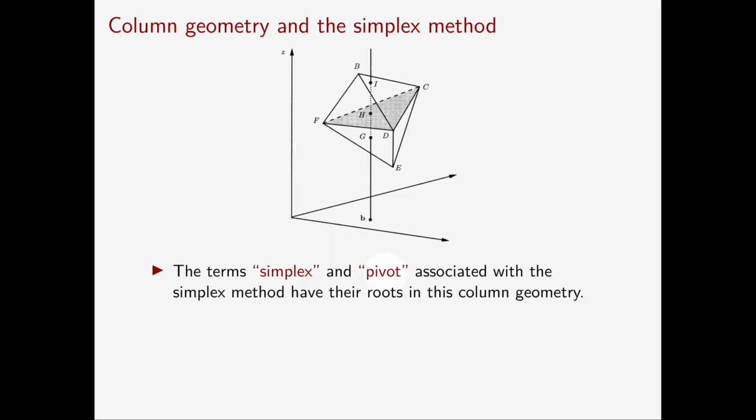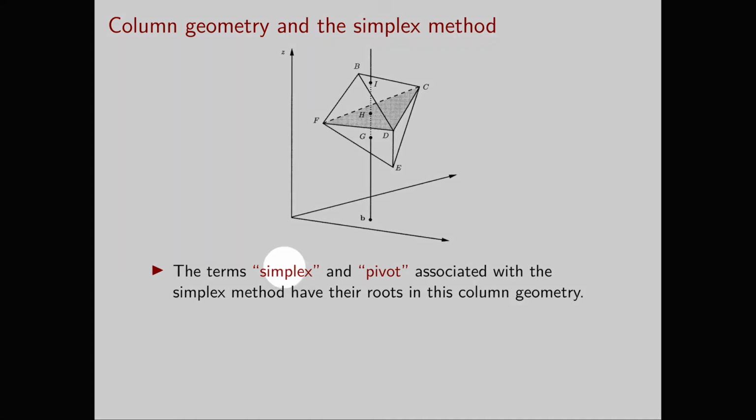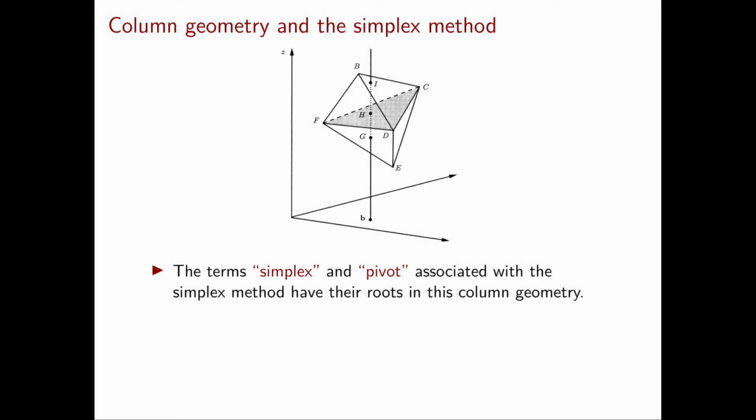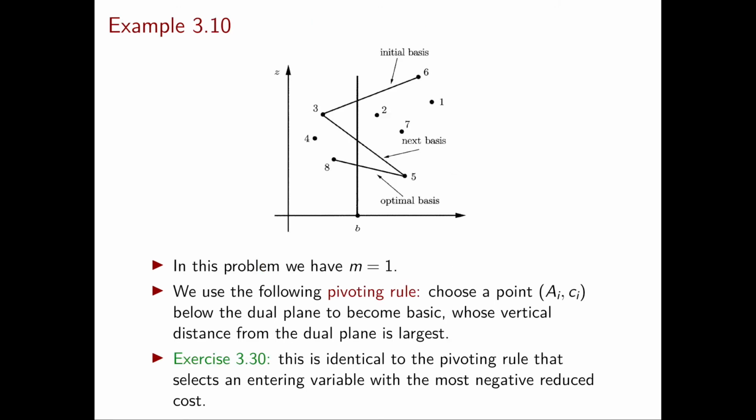And this is where the word pivot that we use in the simplex method comes from. Of course, we've also understood where the word simplex comes from, because essentially everything we discussed about this geometric visualization is based on simplices. Let's see now another example where we perform more than one pivot.